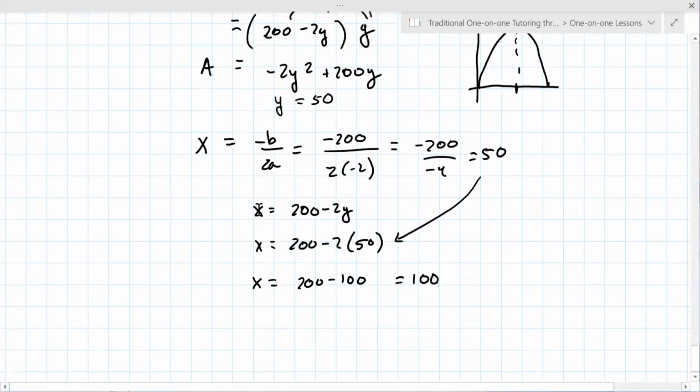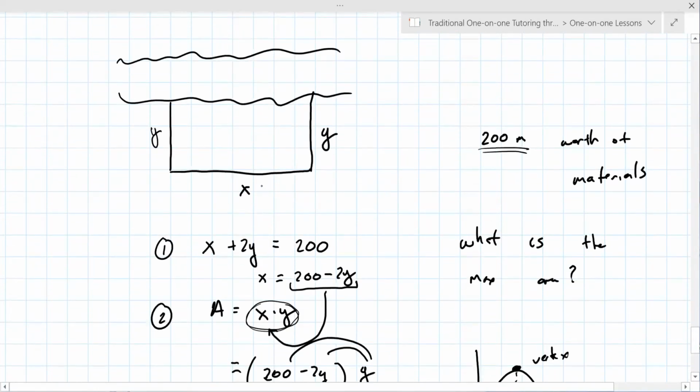If we go back to our drawing now, we know that x is 100 and y is 50, and the area is x times y. So if it asked for the area, it's 100 times 50 or 5,000 meters squared, I guess.